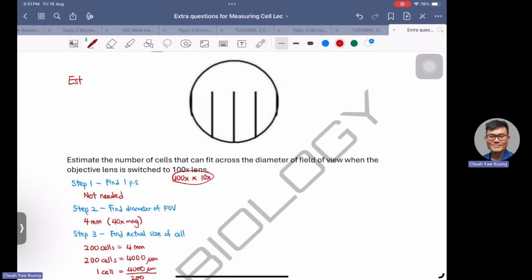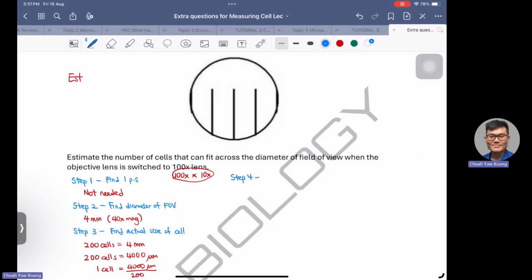Okay, so based on the concept that we know just now, I will put it as step number 4. This is the extra step, mainly because this question is special. It involves critical thinking.